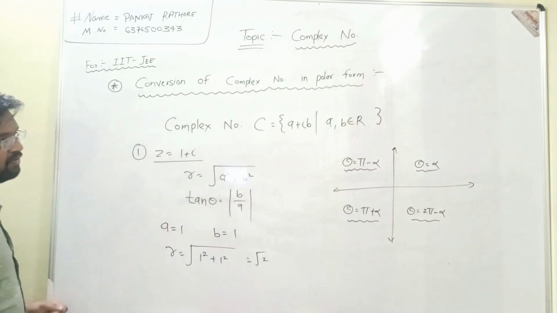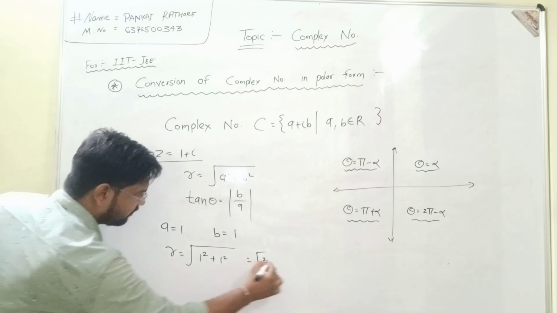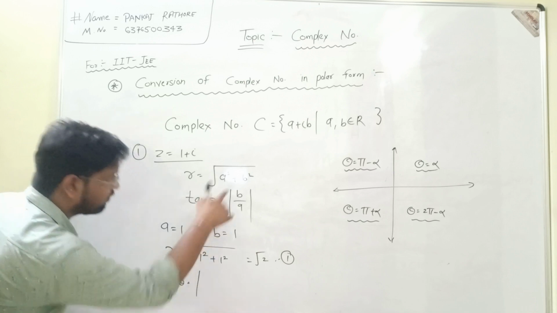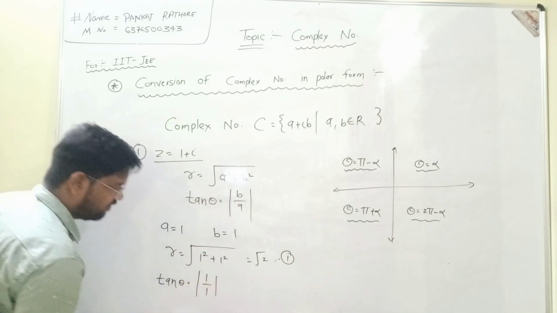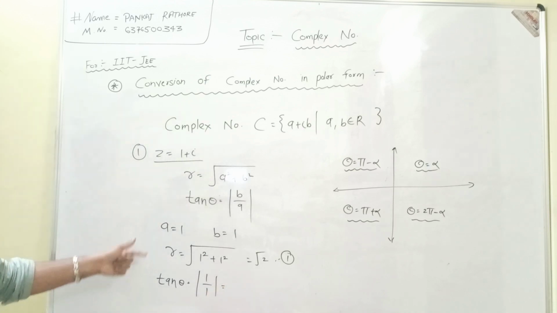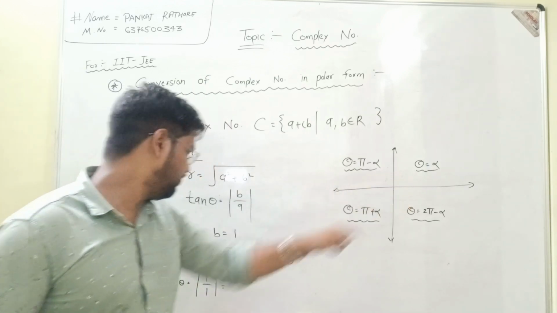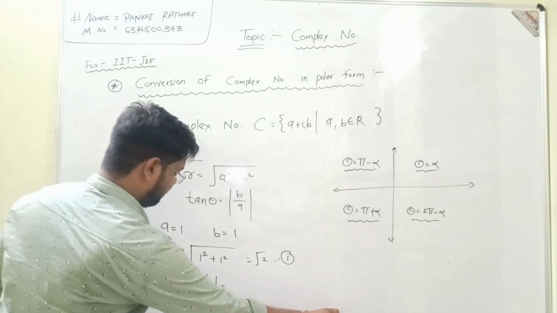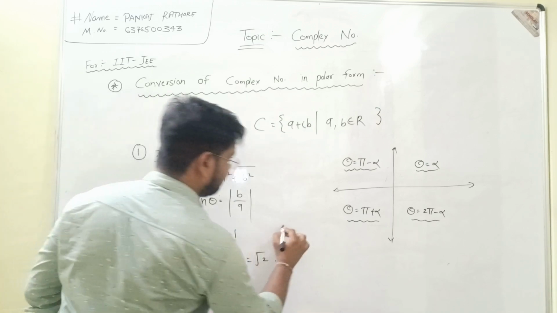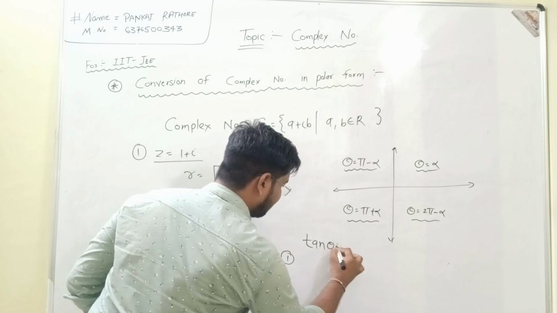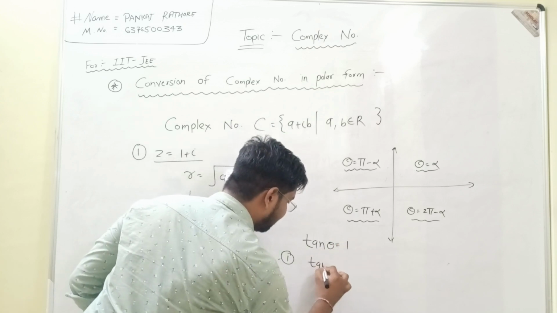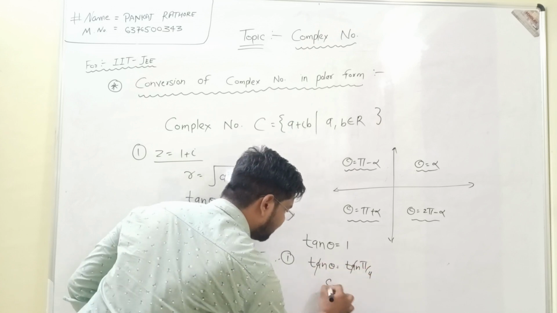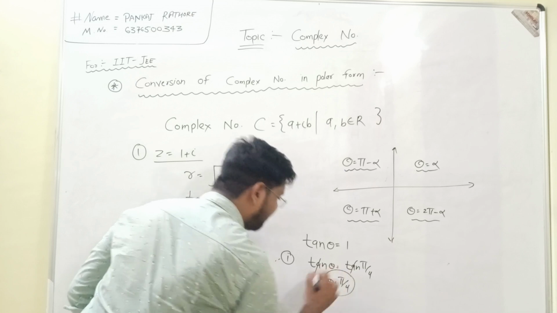And for the theta, here a is 1, b is 1, so the number belongs to the first quadrant. So for the first quadrant, tan theta is equal to 1, tan theta equal to tan pi by 4. So theta equal to pi by 4.